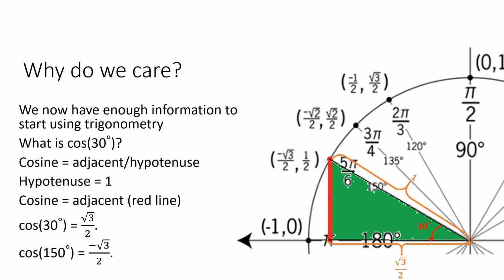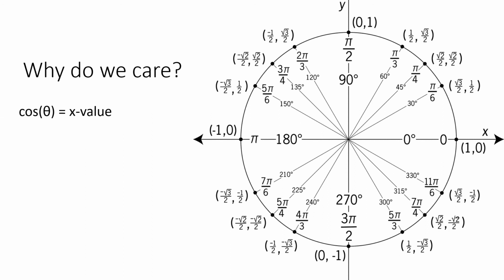So we can use the unit circle to find out the sine and cosine of all 360 degrees. And so basically what we found out here is that sine and cosine are just the x and y values of each of these points on this unit circle.